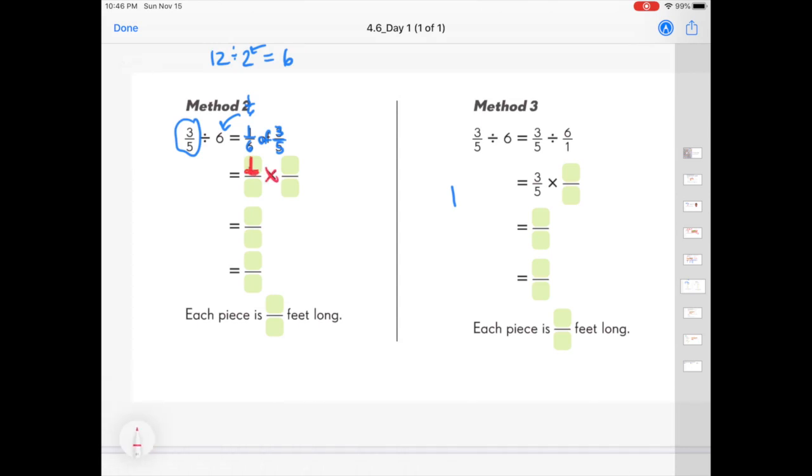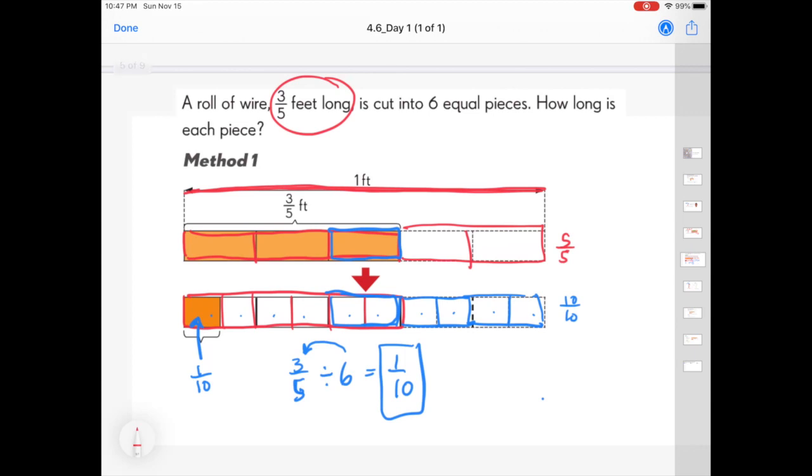So 1/6 times 3/5 gives us 3/30. And 3/30 in simplest form would be 1/10, because I can divide the numerator and the denominator by 3. So I get 1/10. So we know each piece is 1/10 feet long. And just to go back and review with our model, we saw that each piece would be 1/10 long.